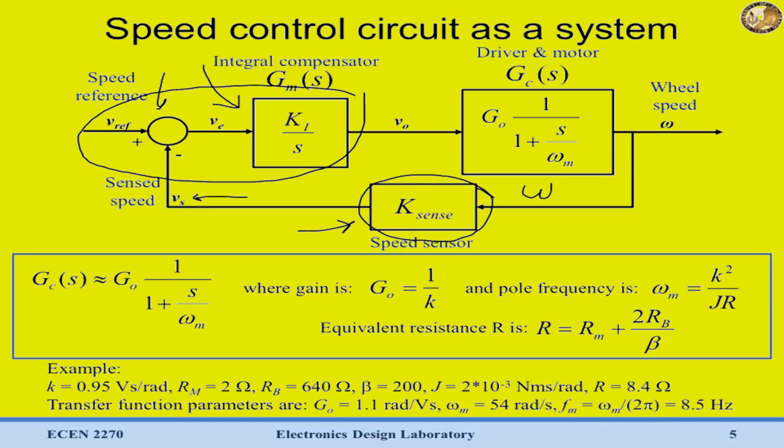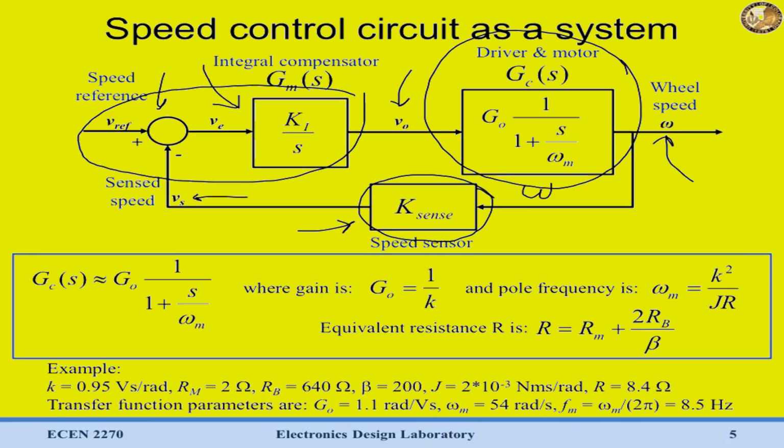And finally, we had a block for the transfer function of the motor and its driver. This transfer function takes a voltage VO and generates some wheel speed omega. Now the transfer function for that motor driver we didn't derive directly, but there are some materials online to show you how to do that.